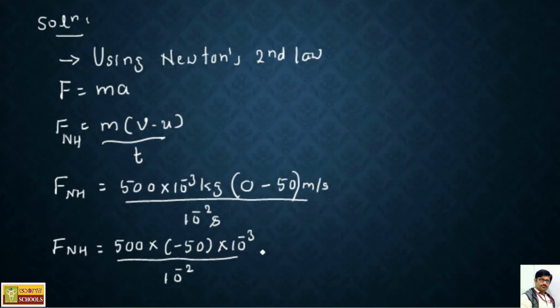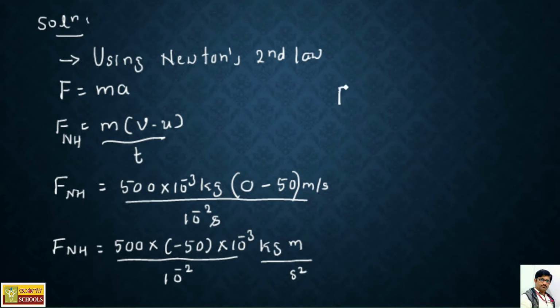So kg meter per second can be brought to the denominator. By that s into s becomes s square. So kg meter per second square is nothing but Newton. I'll put it later.